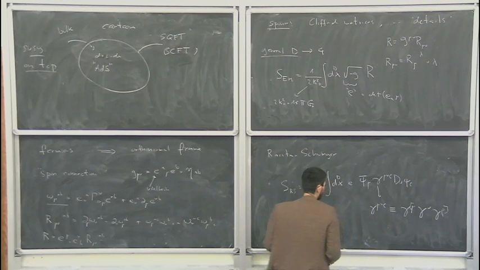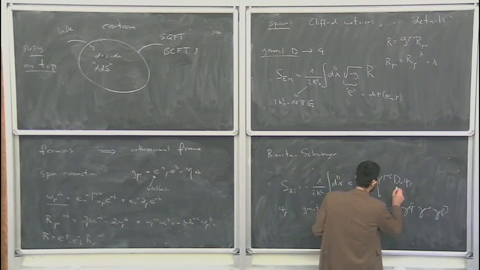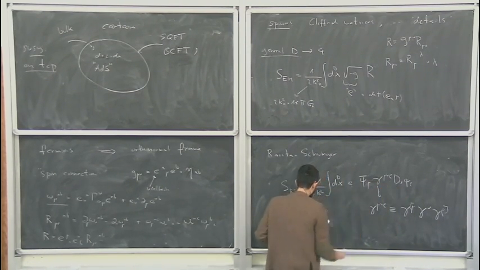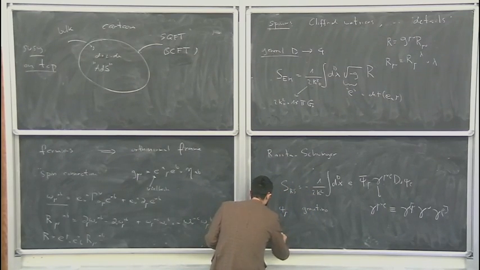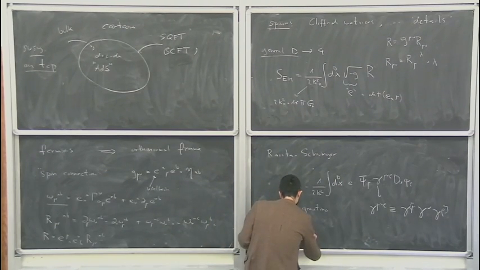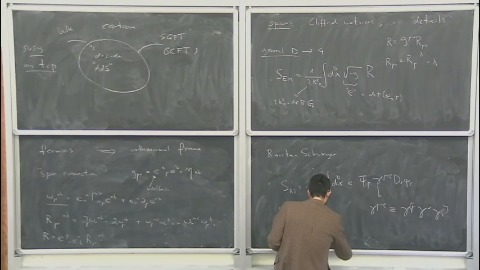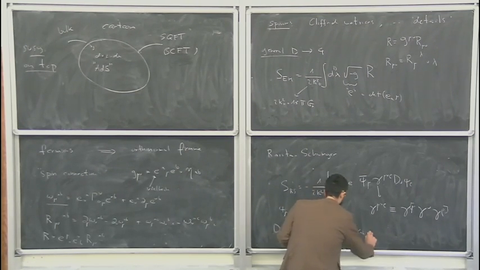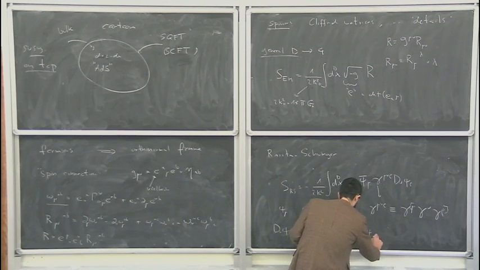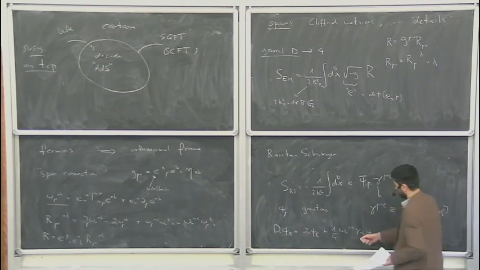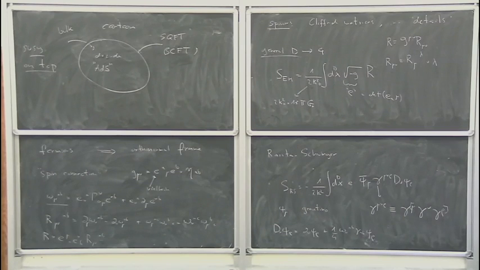There is also another antisymmetrization of gamma matrices which enters into this capital D, which defines the covariant derivative acting on the Rarita-Schwinger field, which involves the spin connection itself, and then gamma AB, where gamma AB is the generator of Lorentz transformations.